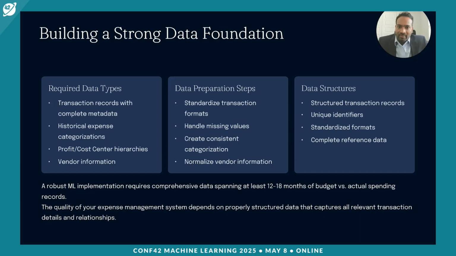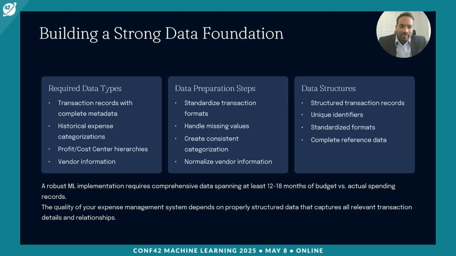Once you identify those data types, you need to prepare your data to be effectively used in a machine learning model. That means you need to standardize your transaction formats and handle missing values in your data. This is, in other words, mastering your categorization data. We also need to normalize your vendor information in terms of formatting and syntax so that the machine can recognize it's vendor information every time you input it.